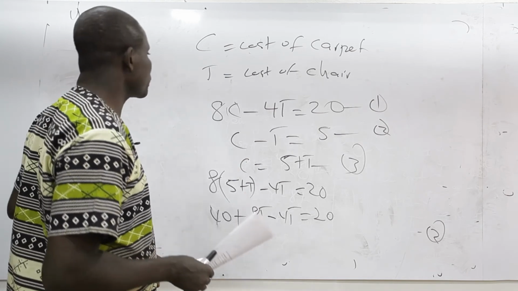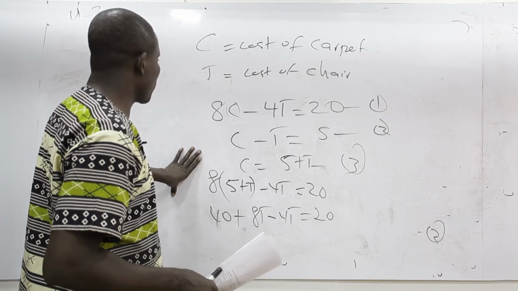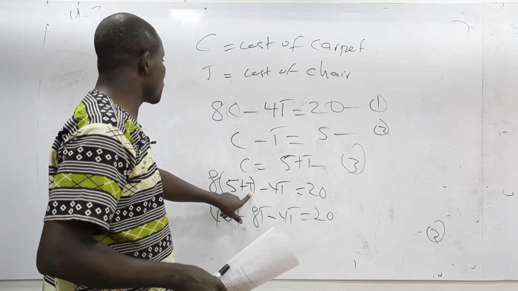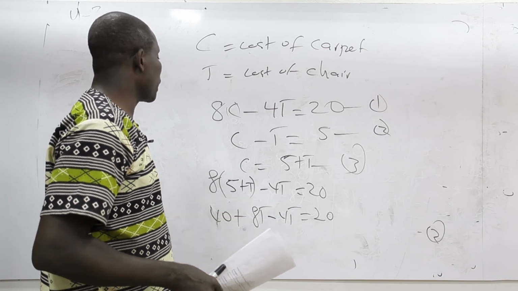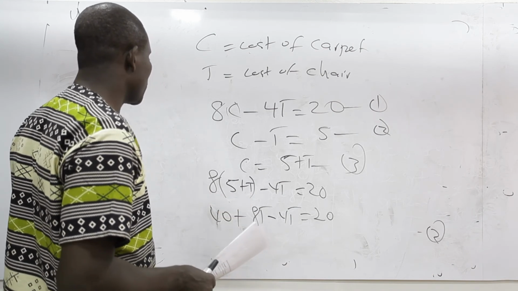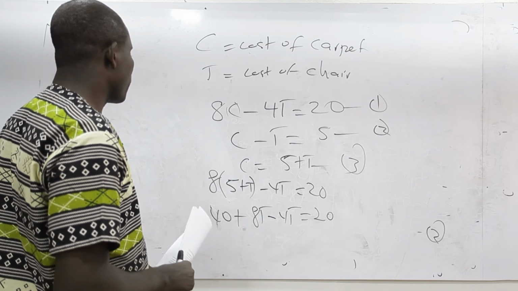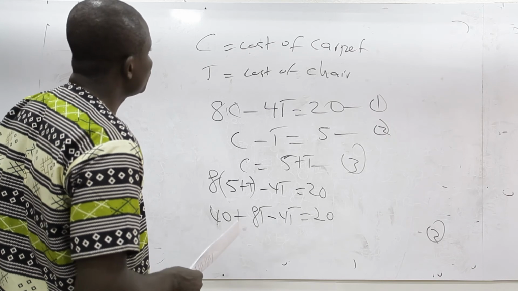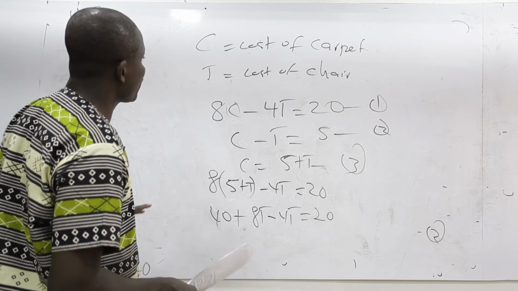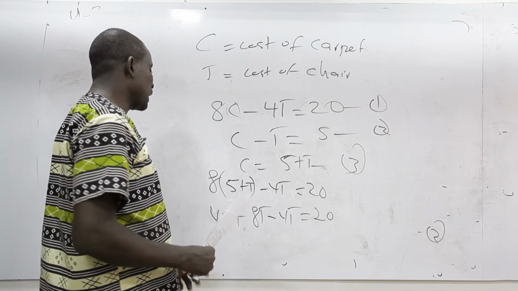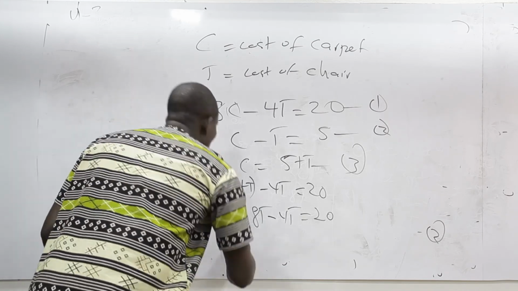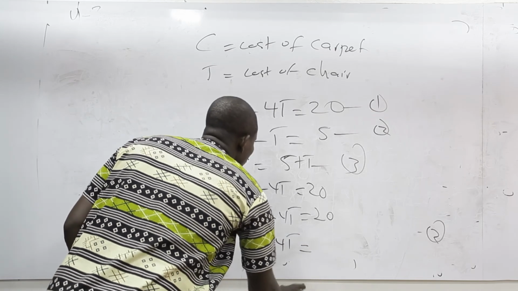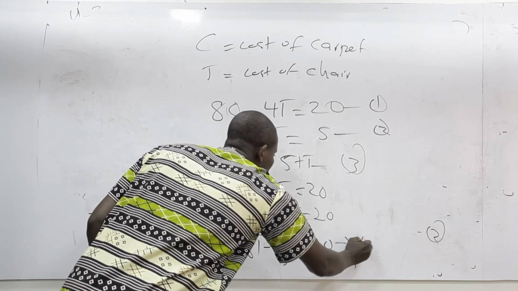So this is 8, then 5C, where C is this, which is also correct. Minus 4T is equal to that. So it seems there will be some negative element somewhere, where there could be some typographical error, because I don't think the cost is supposed to be negative. But here 8T minus 4T is equal to 20 minus 40.